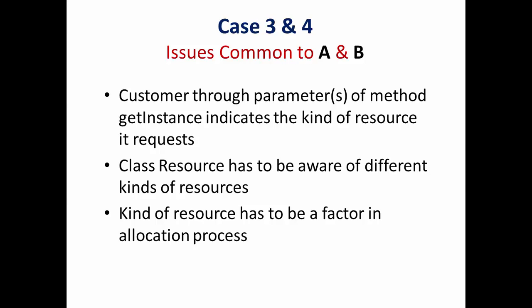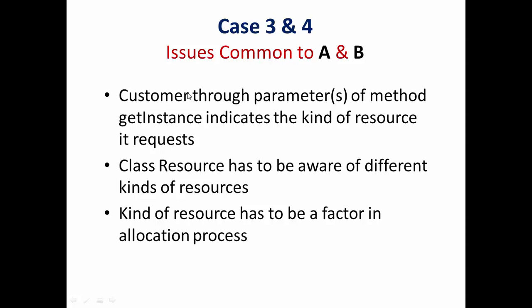Here is what's common to A and B. Please remember, we are talking about case 3 and 4, which means resources are non-homogeneous. But 3 and 4, the difference is shareable, non-shareable.